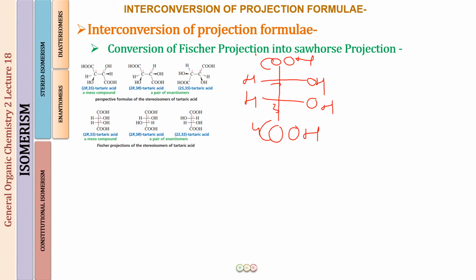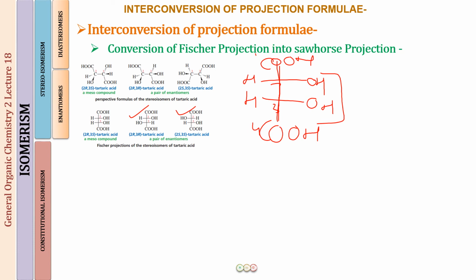And in this mesotartaric acid, the thing that you will be seeing is that the two OH groups are on the same side of the vertical line, whereas in the enantiomeric forms you see that the two OH groups will be on opposite sides of the vertical line. Okay. And the speciality of this mesotartaric acid in the case of optical isomerism is that in spite of the presence of two chirality centers, this molecule is optically inactive. So I will be coming back to that also.